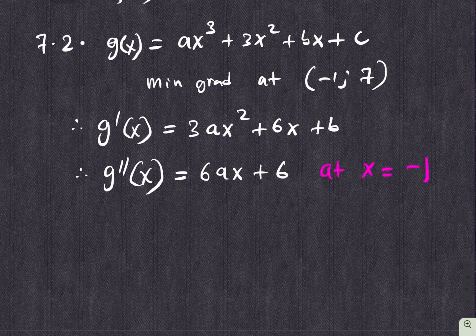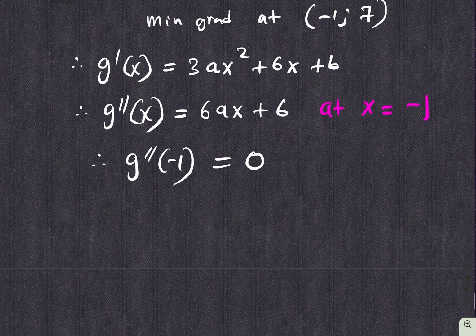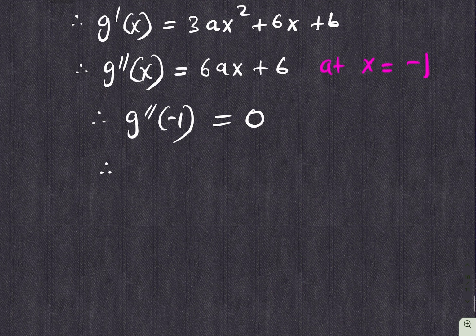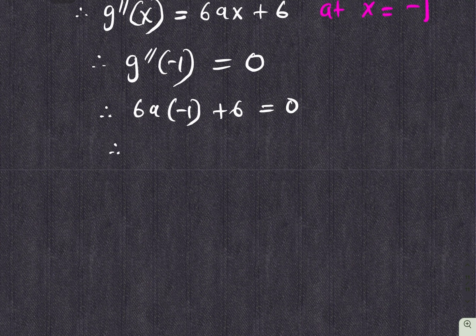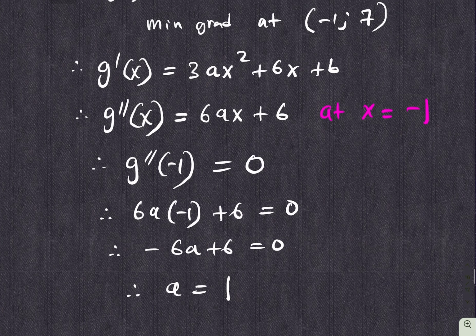So I will then say to myself, therefore, g double prime at -1 should really give me 0. So let's substitute -1 in here: this becomes 6a into -1 plus 6 is equal to 0. This will then give me the value of a: -6a plus 6 equals 0. Therefore, a is going to be positive. So my a is positive.